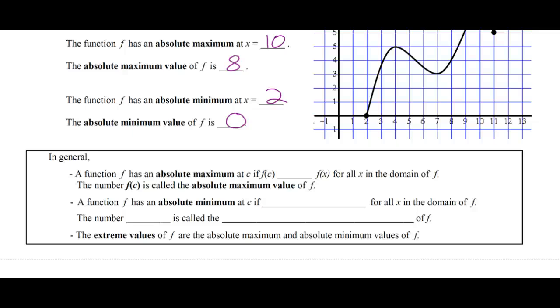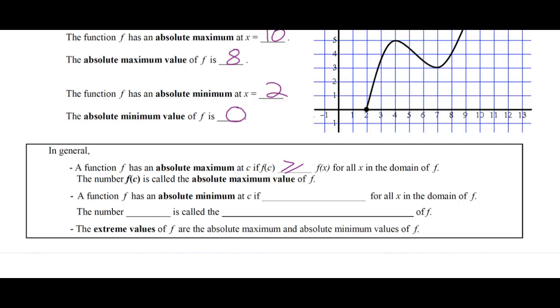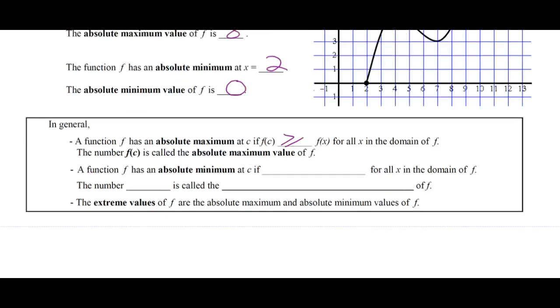So for the absolute maximum, what would f of c have to be? Greater than or equal to, for all x in the domain, because at one of them you have to get that max. The number f of c, so the value, is called the absolute maximum value of f.